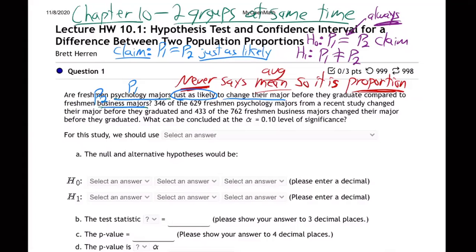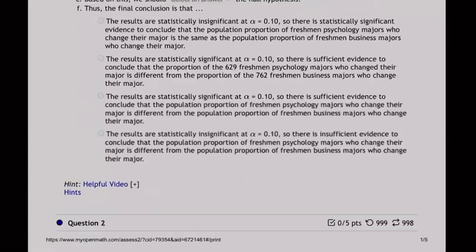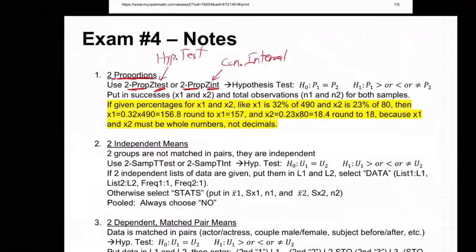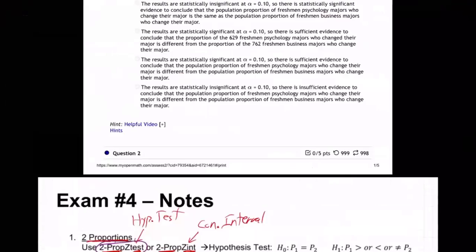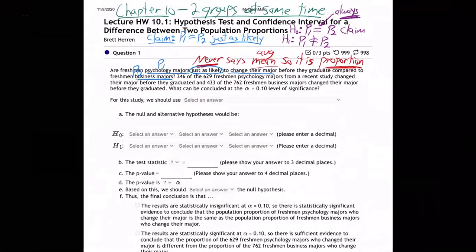On we go. For this study, according to the notes down here, what are we going to use? The 2 prop Z test, right? We good? 2 prop Z test. So we're going to go to our calculator and use the 2 prop Z test. Is that what it actually says there? I don't know what the options actually are. Let me go back.